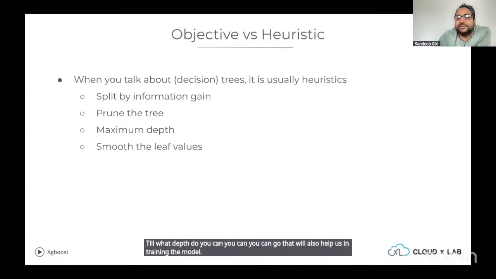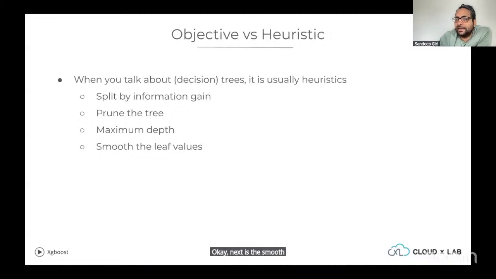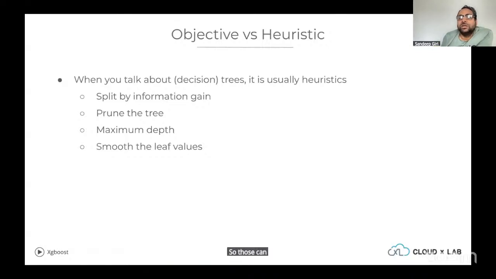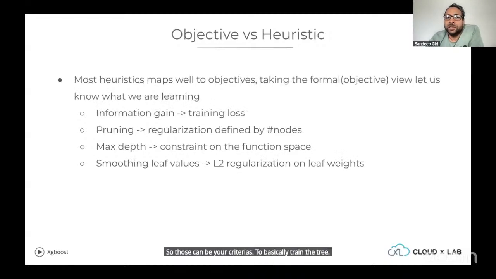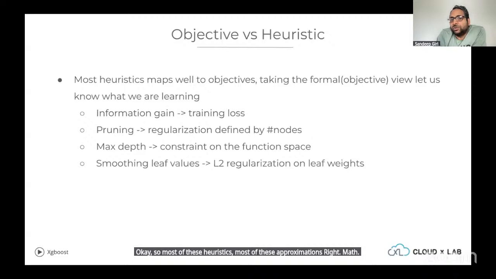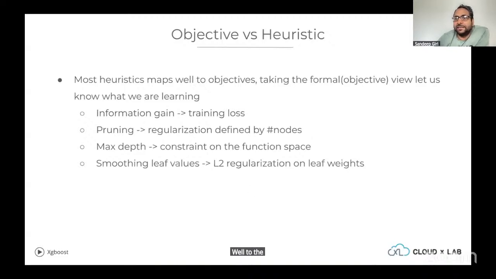Next is smooth leaf values, where the values in a leaf are equal or nearby. So those can be your criteria to train the tree. Most of these heuristics, most of these approximations, map well to the objectives.